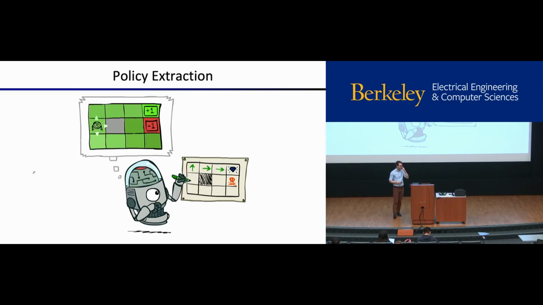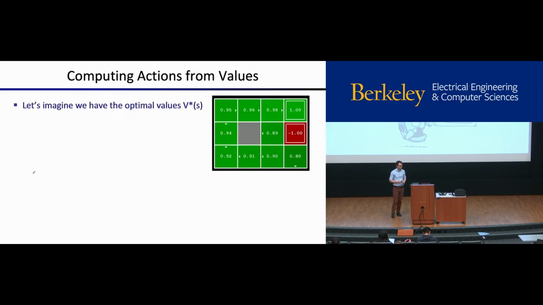Here's a value function for this grid world. How can we compute the optimal policy for this value function? Let's say someone hands you V star. This is saying, if you act optimally from each of these states, here's the best you could do. Can we go from this value function to the optimal actions? How should we act based on this value function?